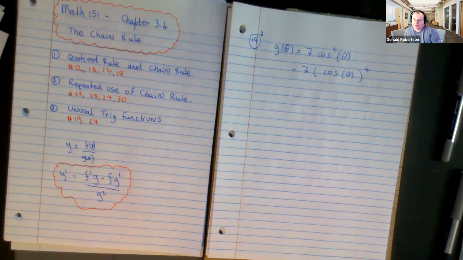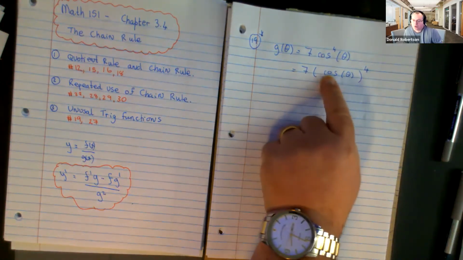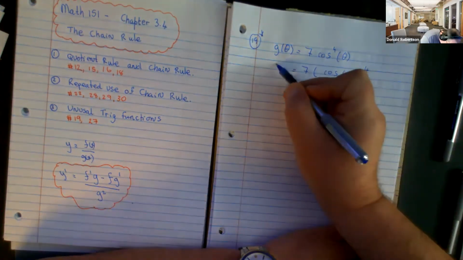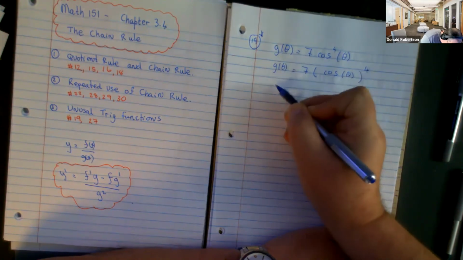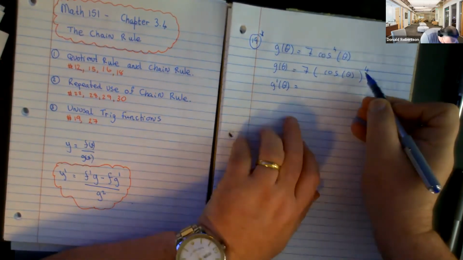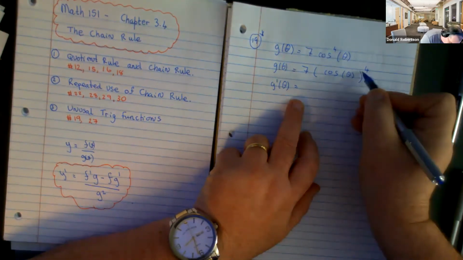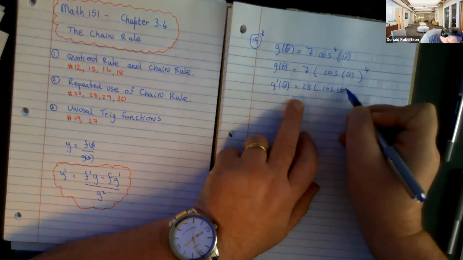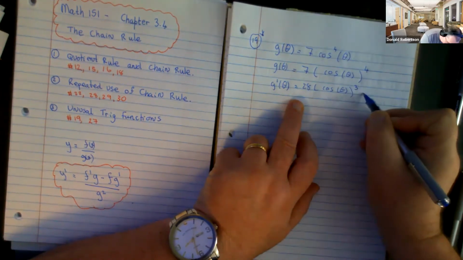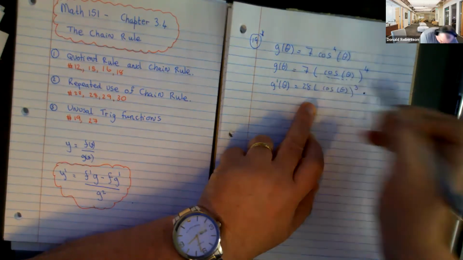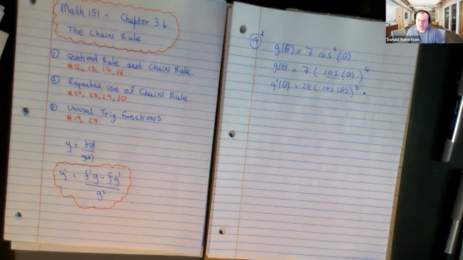And if you think about it as 7 cosine theta to the power of 4, it might make the chain rule a little bit easier to deal with. Because essentially it's a power rule, isn't it? So we're going to multiply by the power of cosine theta and reduce it by 1. And then you finish with the derivative of the inside function, the derivative of cosine theta.